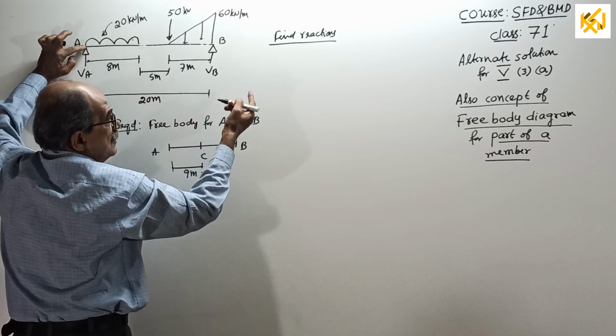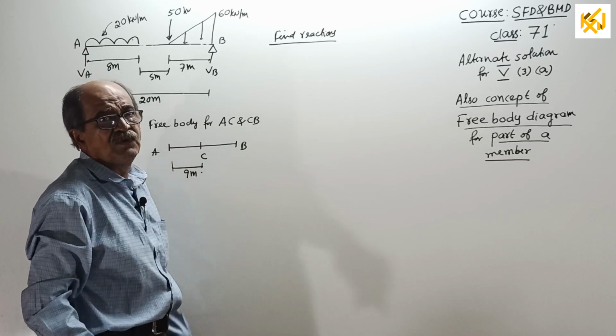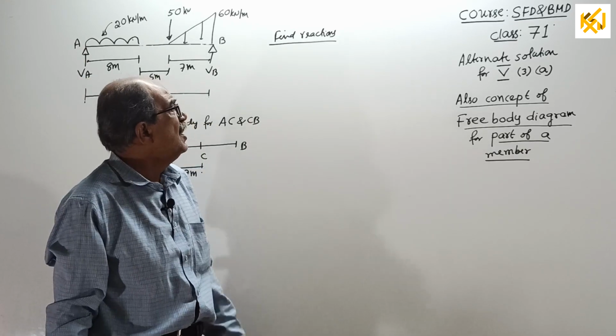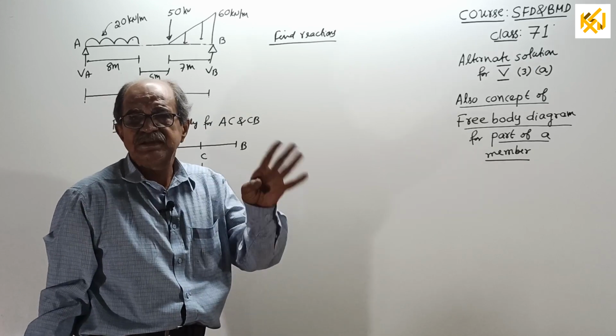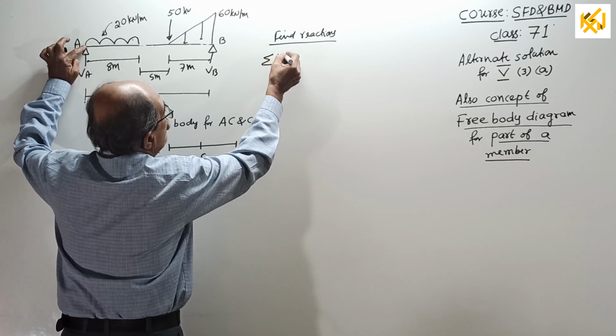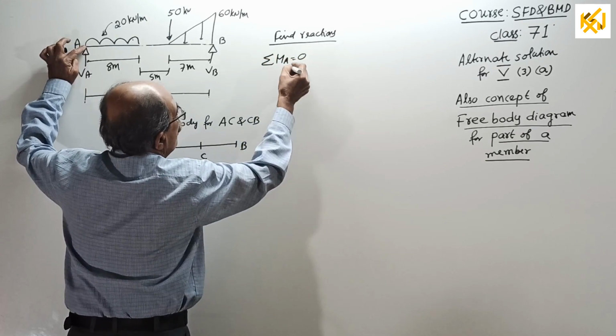My purpose here is not the reactions; for this question, you can find reactions very fast because everything has been explained here. But still, take moment about A. Sigma M about A equal to 0. Take clockwise positive.